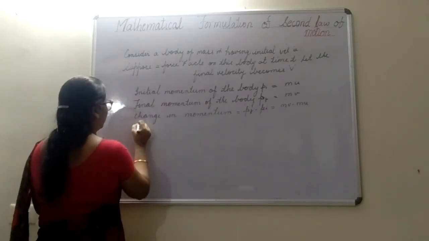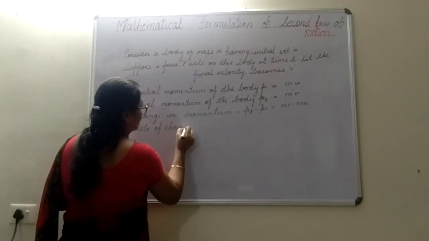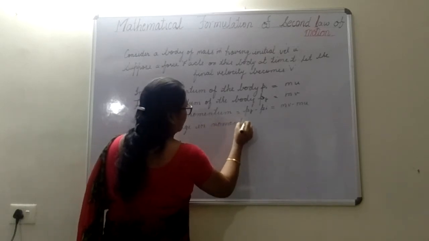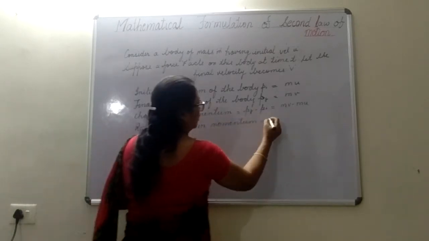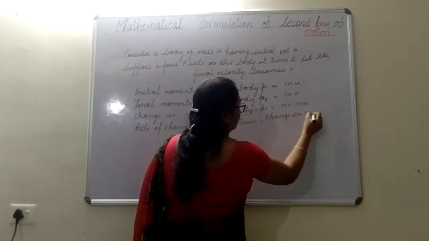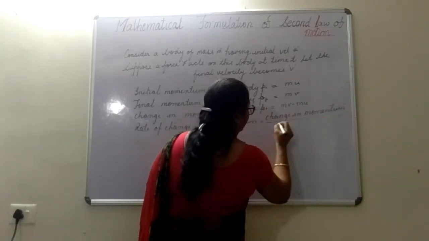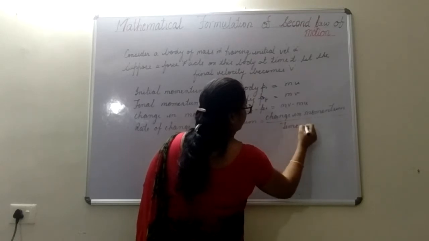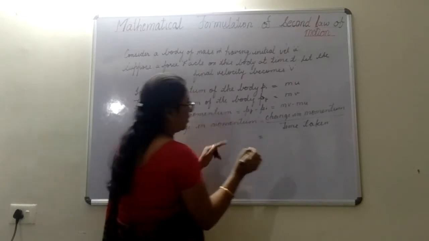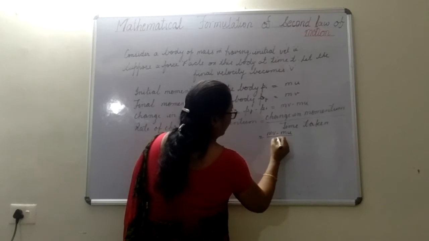Okay. Now the rate of change in momentum will be equal to change in momentum divided by time taken, which is equal to mv minus mu divided by t.